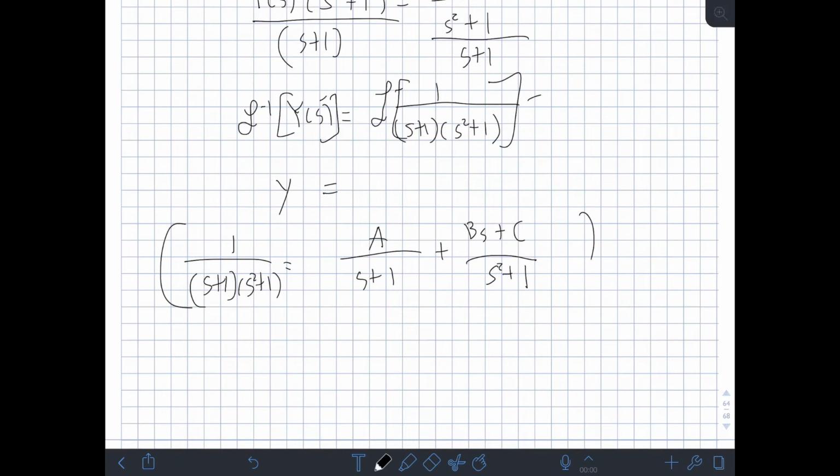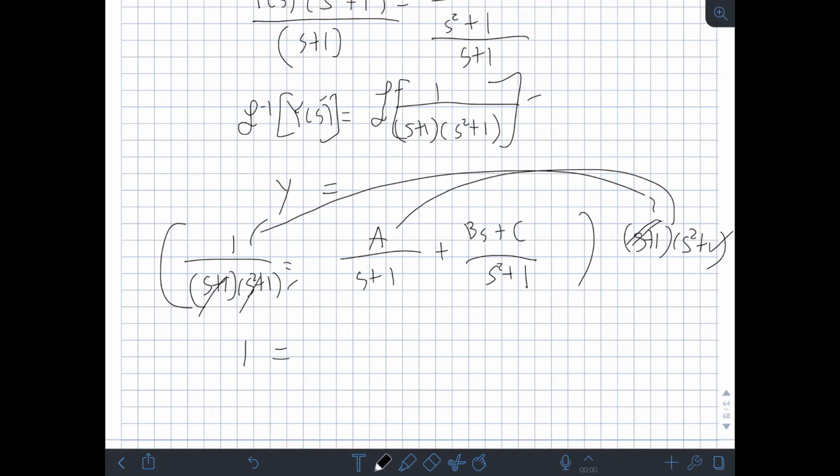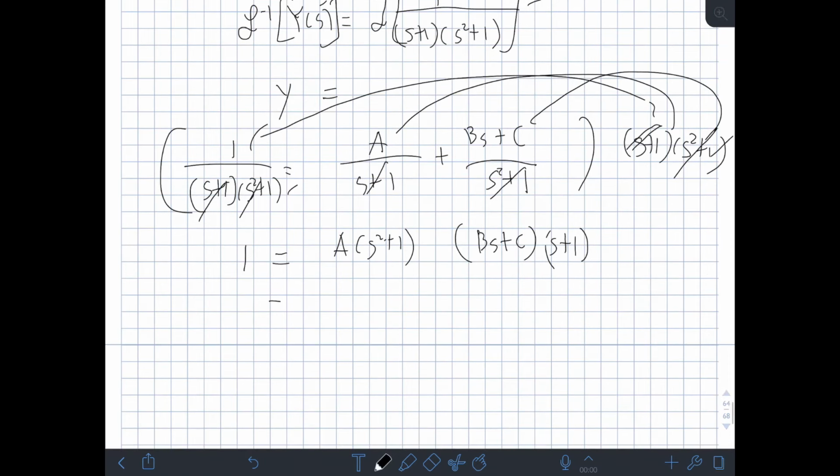So, next step, multiply natin sa LCD na s plus 1 times s squared plus 1. So, distribute, we have, cancel lahat, matitira is 1, equals, distribute sa a, cancel si s plus 1, matitira is a times s squared plus 1. Then, distribute sa bs plus c, cancel si s squared plus 1, matitira is bs plus c times s plus 1. Okay, so equating coefficient na lang tayo.